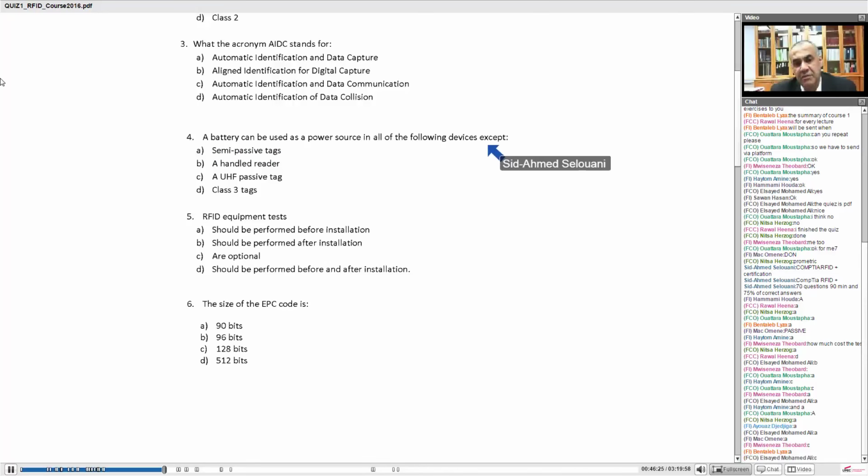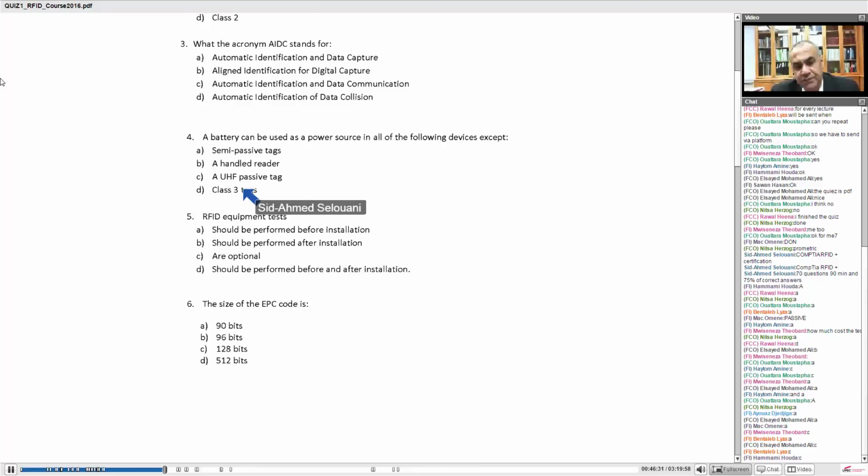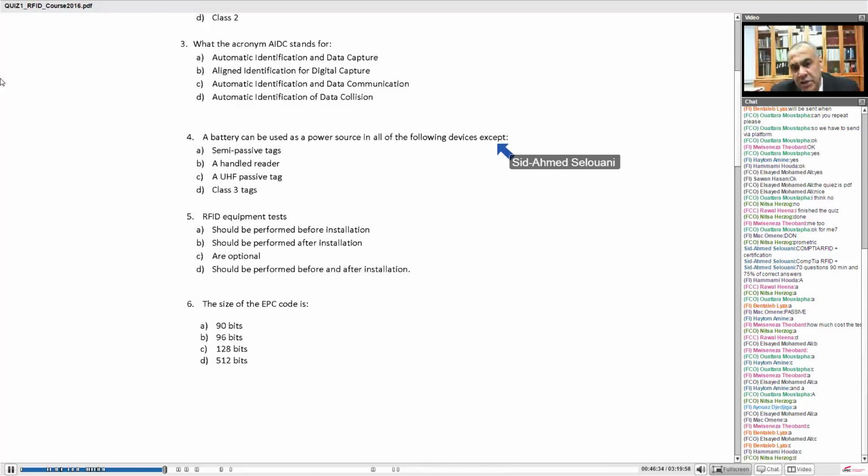For the 4th question, a battery can be used as a power source in all of the following devices except... This is an easy question, but in the certification exam, usually we use "except", so you have to find the false answer.